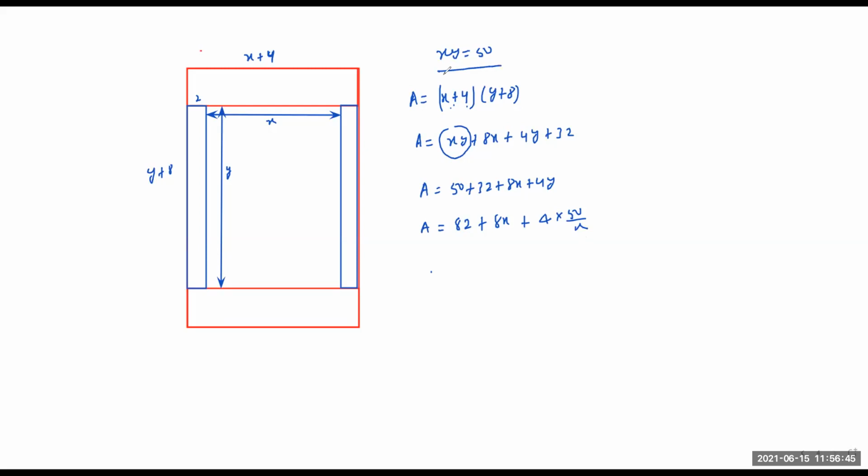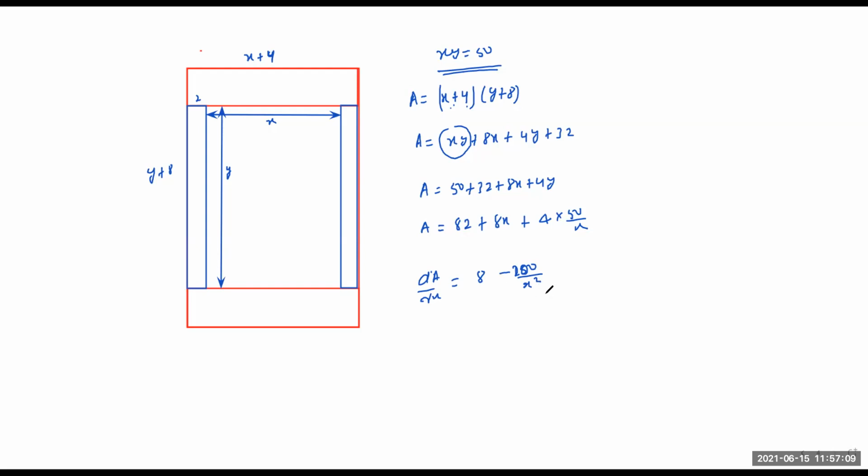From here, now differentiating, this is like a piece of cake. This is 8 and minus 50 by... minus 100... 50 into 4 is 200 by x square. Is this right? 8 minus 200 by x square.